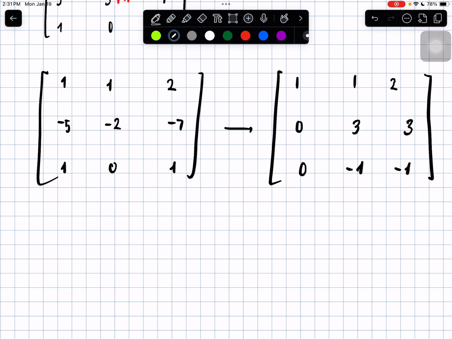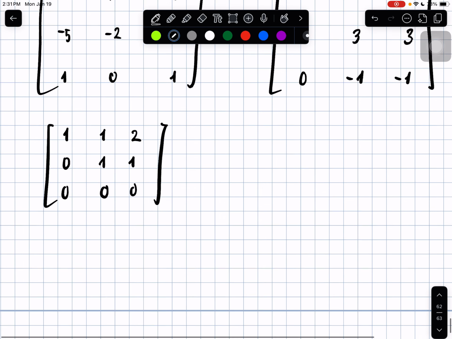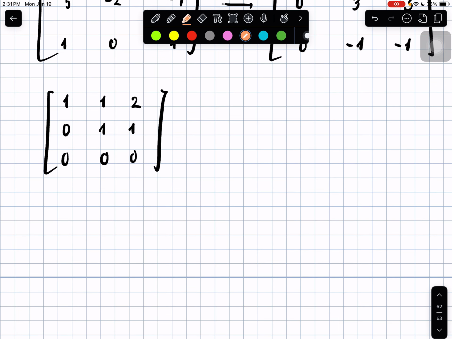The first row, we have 1, 1, 2, then 0, 1, 1, 0, 0, 0. We can eliminate this 1, so we get 1, 0, 1, 0, 1, 1, 0, 0, 0.